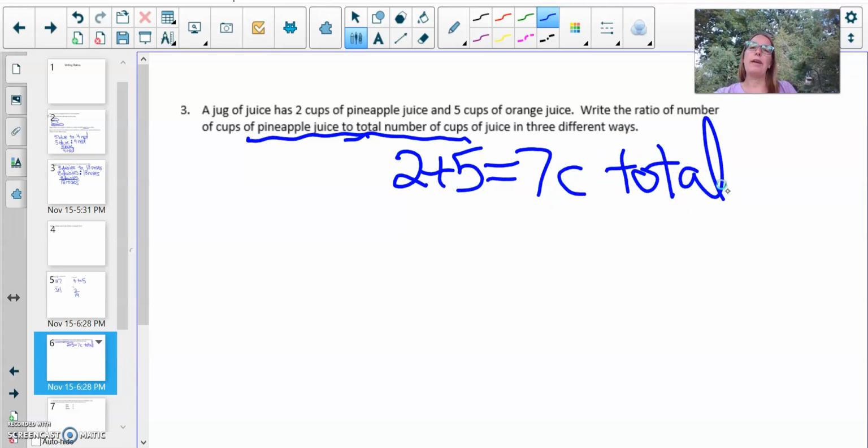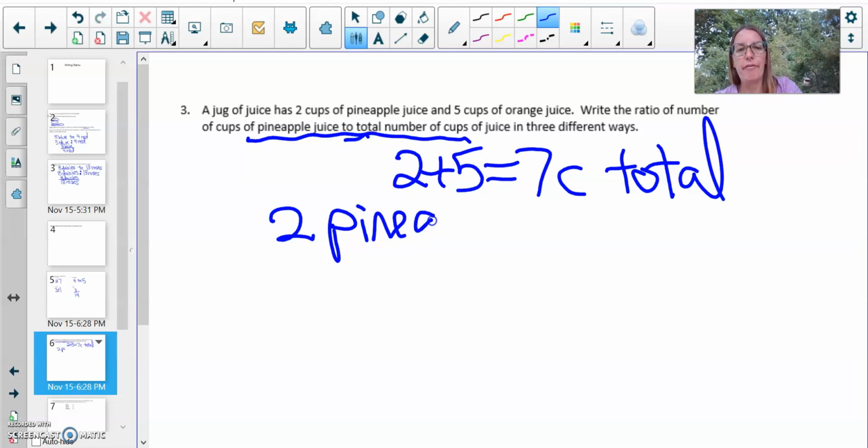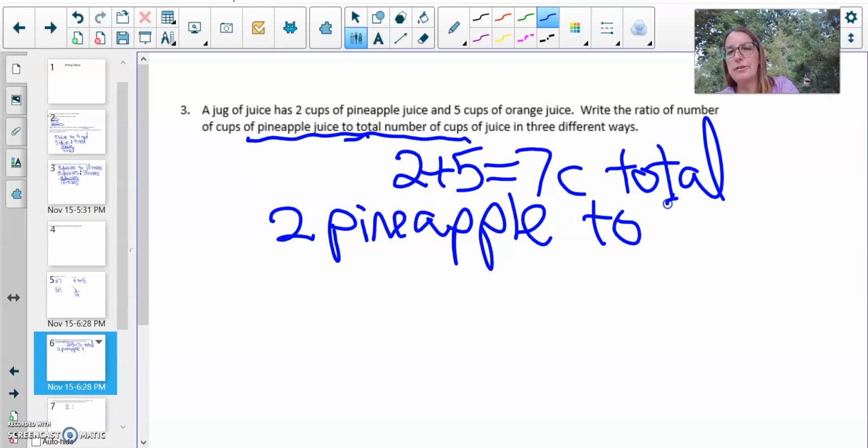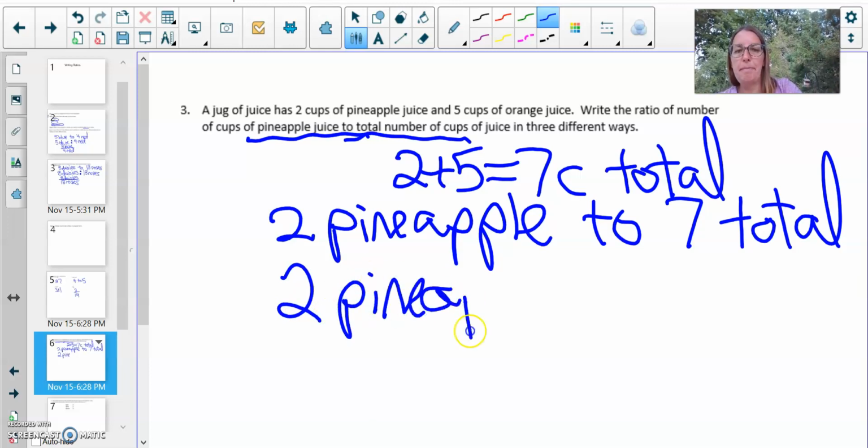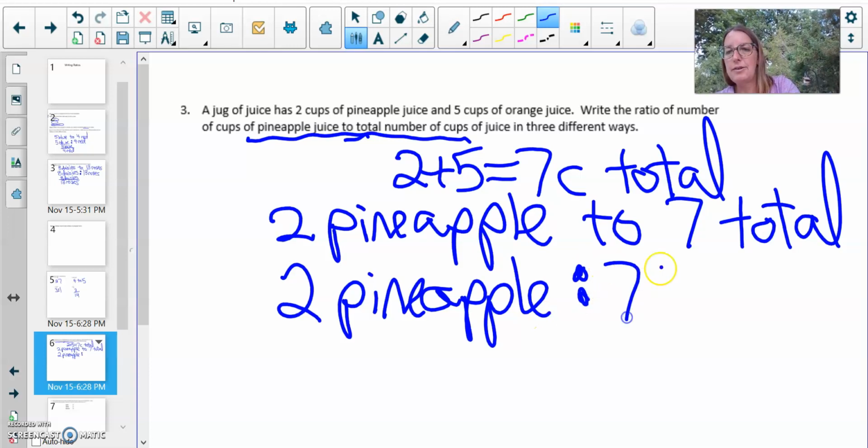So the first way to write our ratio, it would be 2 pineapple to 7 total. We can also write it with the colon, 2 pineapple, colon, 7 total.